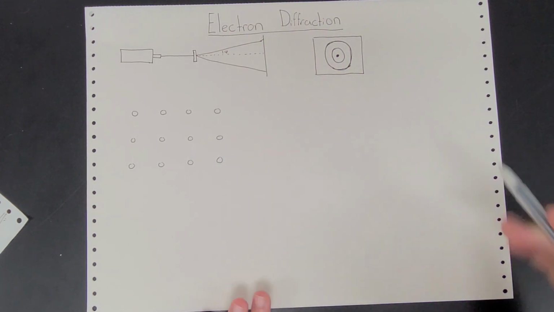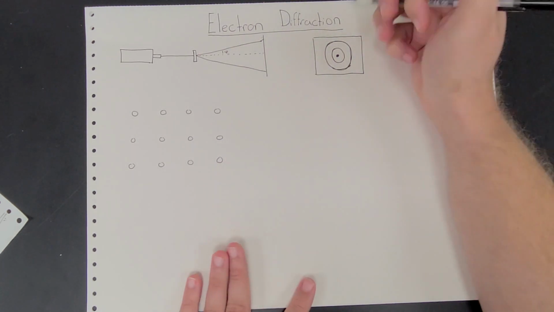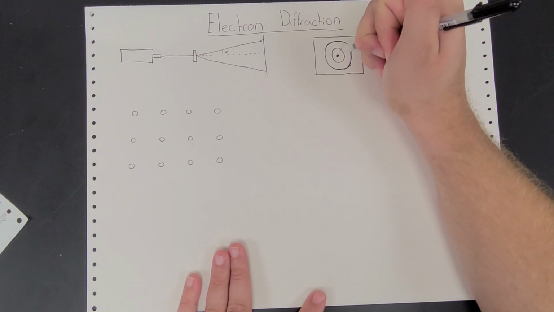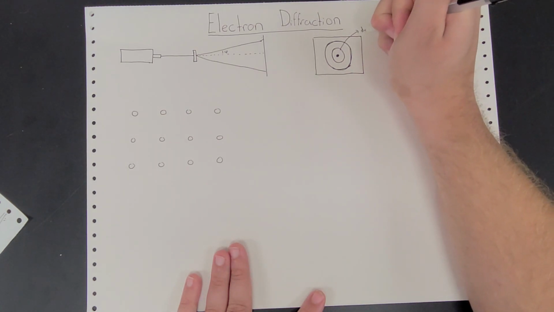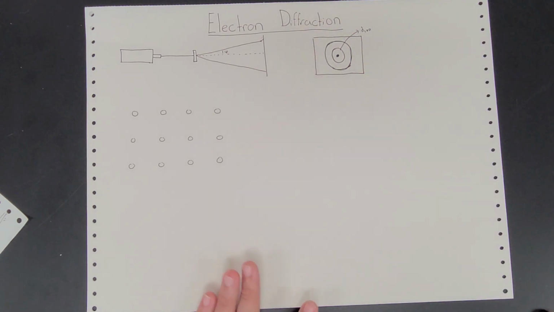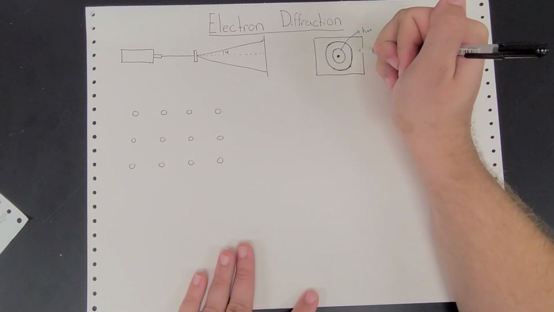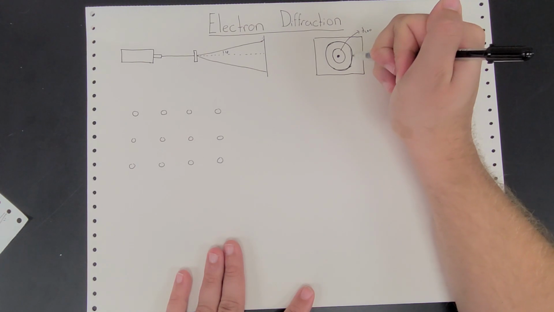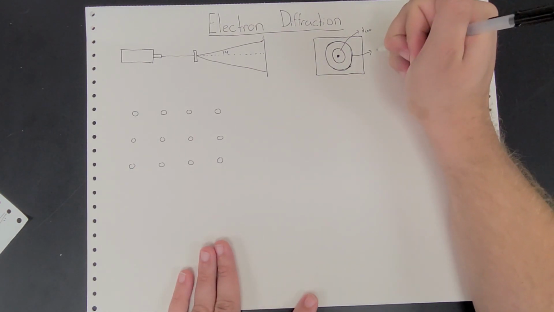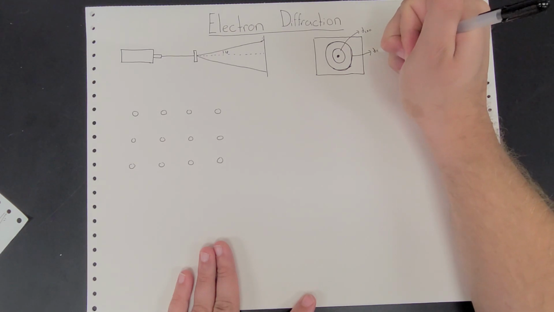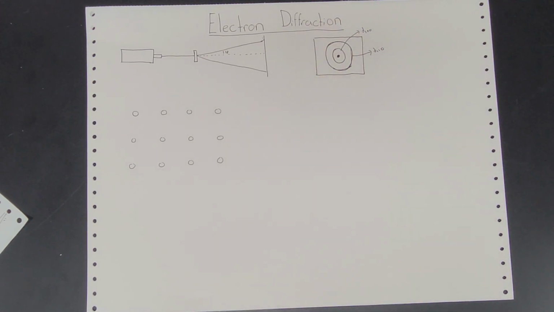So we'll get an inner diffraction ring that corresponds to the first order diffraction for the 1, 0, 0 plane. And then we'll also get another outer ring that corresponds to the first order diffraction for the 1, 1, 0 plane.